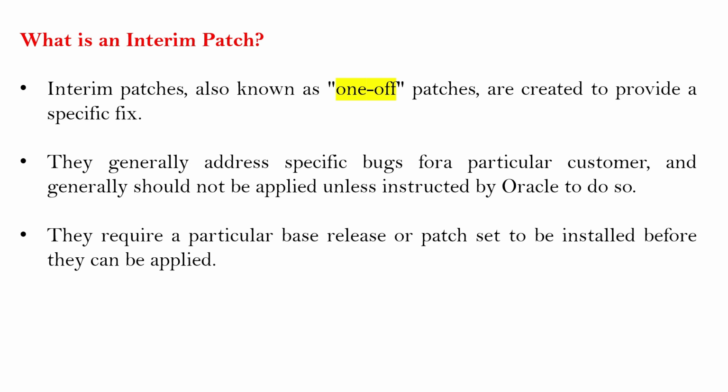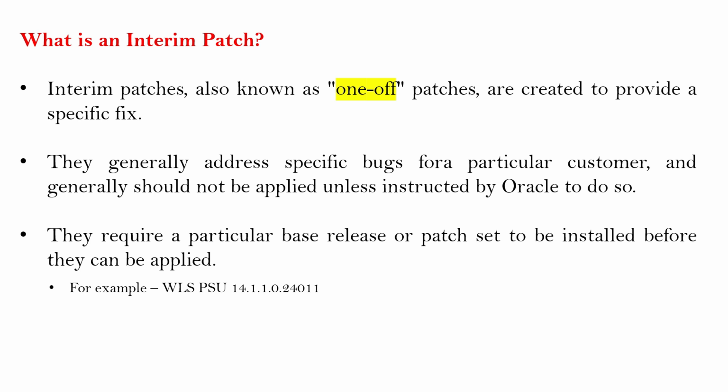They require a particular base release or patch set to be installed before they can apply. That means if you are going to apply some interim patch or one-off patch, there needs to be a base patch set applied in your system. For example, there could be a WebLogic PSU 14.1.1.0 and then 24011. Each quarter, whenever we get different kinds of patches, this patch set update is released with a new version.